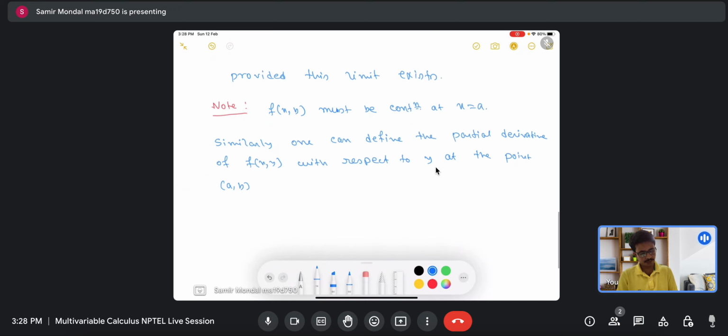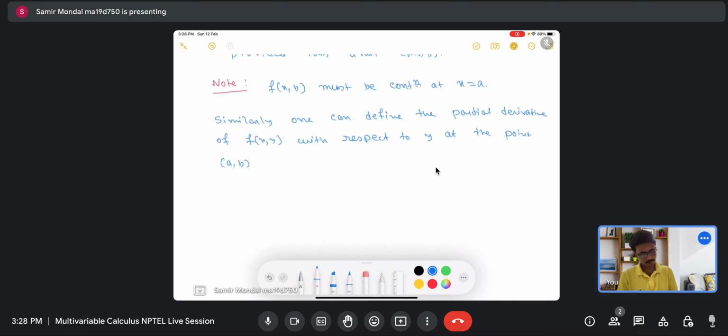That is f_y at the point (a, b), which is the partial derivative with respect to y at the point (a, b).